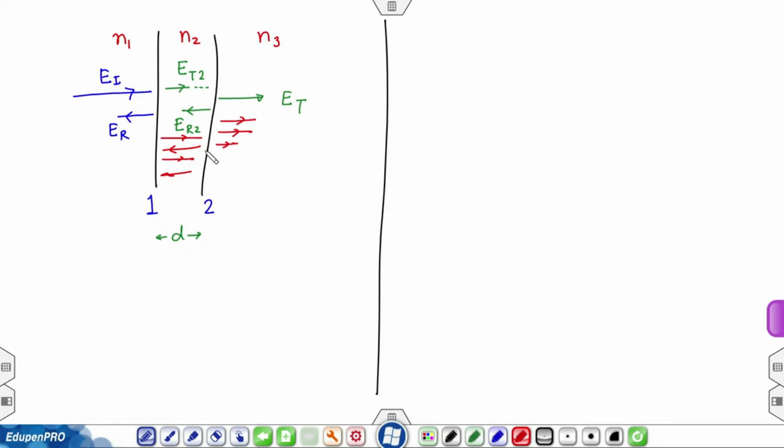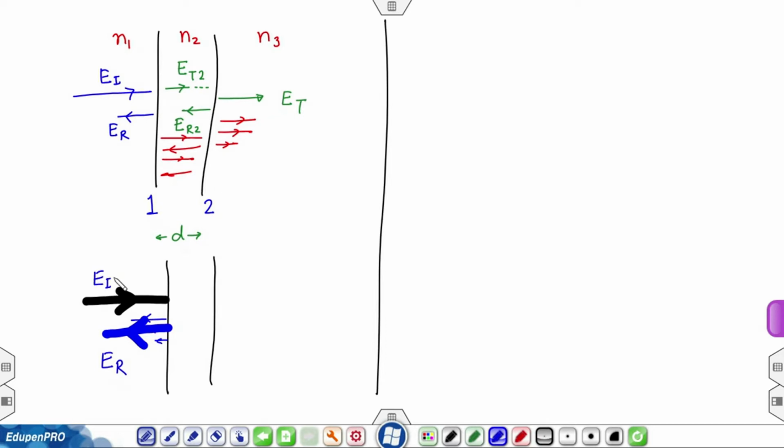So, finally, in this medium, there is this light which is coming in, and then the reflected light gets components from these multiple reflections. I am going to replace all this by one big ray of ER, and the EI is coming in.